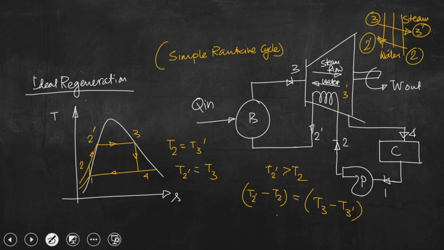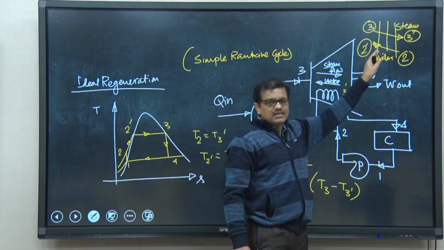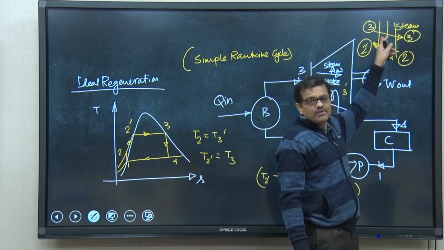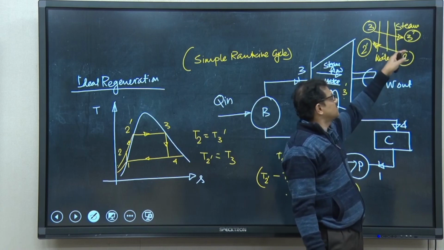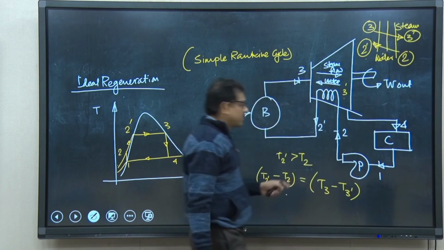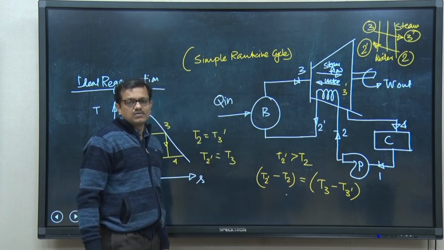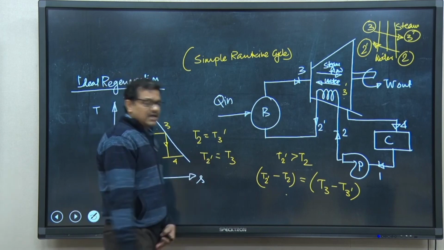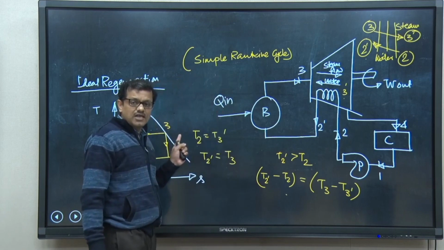I have drawn it only to make you understand that at any section, even at the inlet, inlet and outlet are also two different sections. So, if the process is reversible, at any section the temperature of water and the temperature of steam will be equal, and that is what we can see. If that is the case, now in this TS plane we could not show the process 3 to 3 prime.